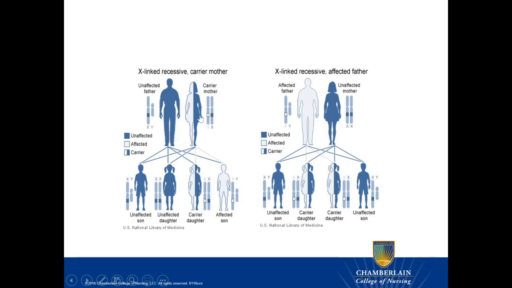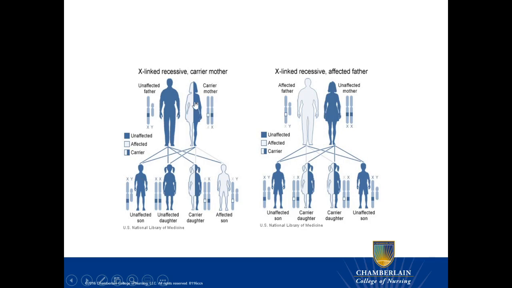So the mom can give the affected X. The dad can only give a normal X. So if the dad gives normal X, mom gives normal X, you've got a, quote, normal girl. If mom gives normal X, dad gives Y, which is normal son. I use the word normal very loosely.